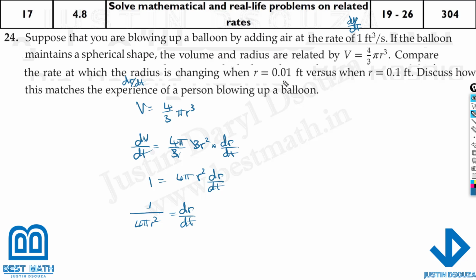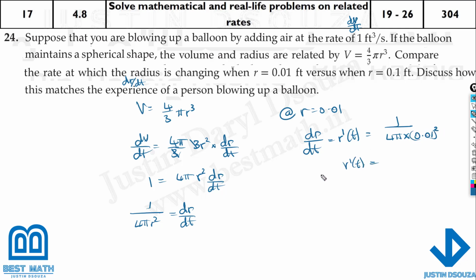Now, what is the radius given? First case, at r is equal to 0.01, the rate of change of radius with respect to time, that is also given as r prime with respect to time, can be written as 1 by 4 pi r square. I'll write it as 0.01 the whole square.